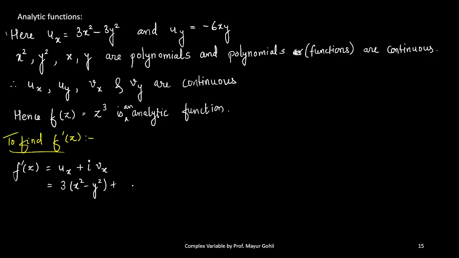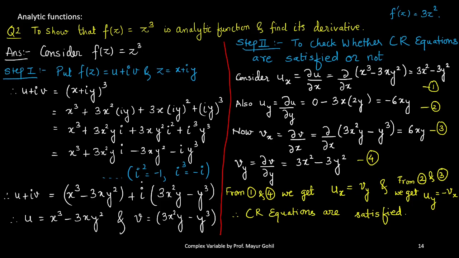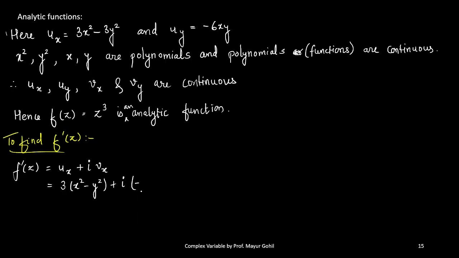So vx is going to be, over here it is i times, vx is positive 6x, so here it is going to be 6xy.